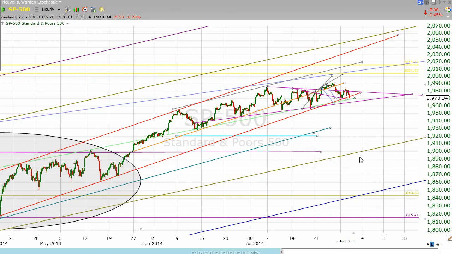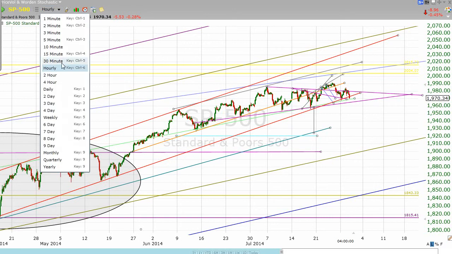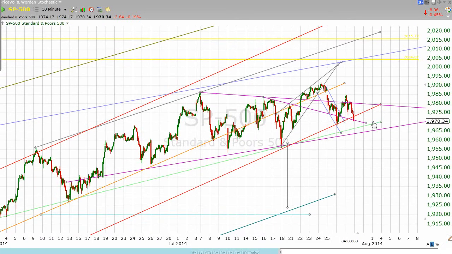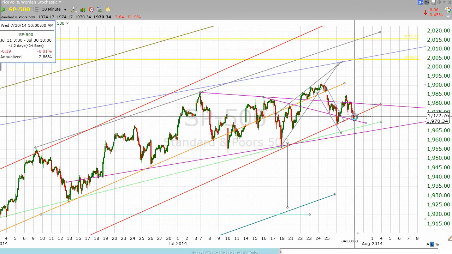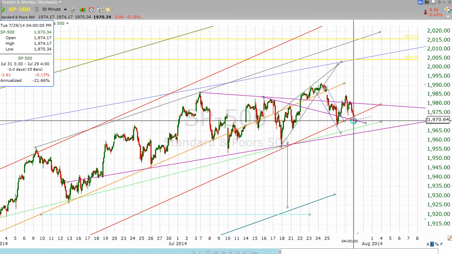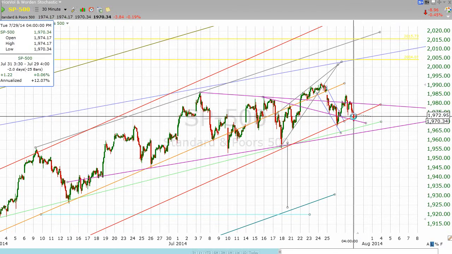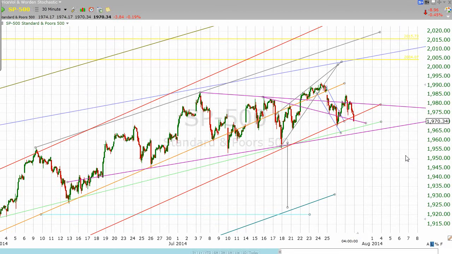And wouldn't you know, this is the line that looks maybe to be in jeopardy with what we saw today. If we move this line back just a little bit to make it more accurate, you can see that that line was currently at 1972, and we closed at 1970.6. So we're roughly a fraction of a percent underneath this line, which frankly is no big deal.